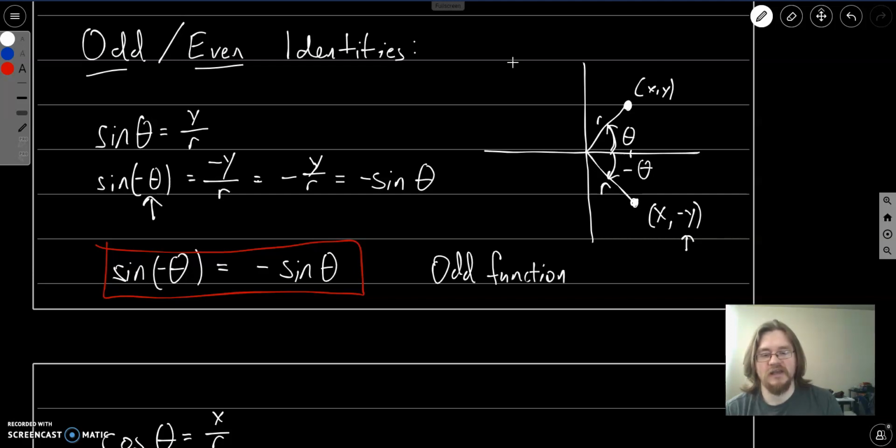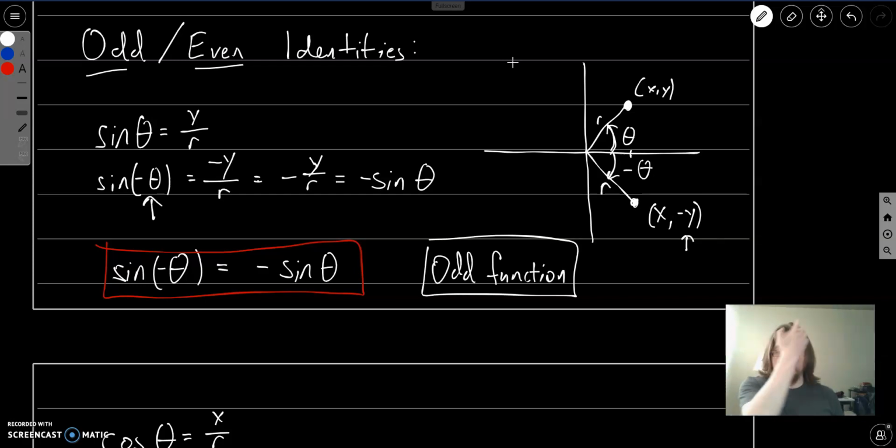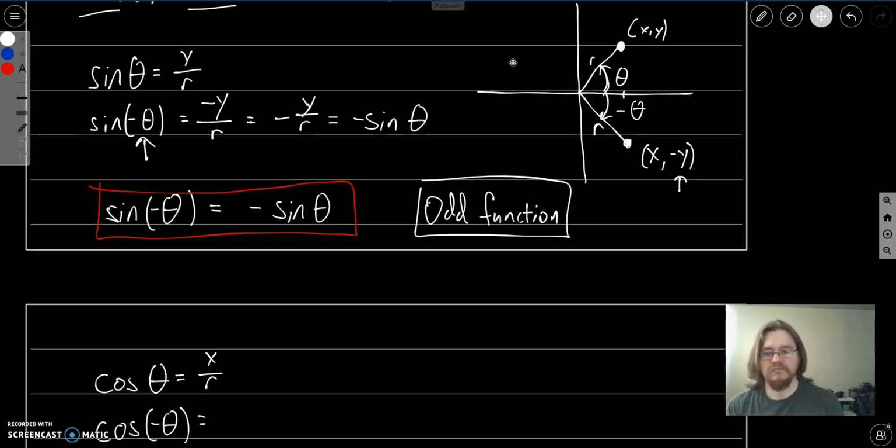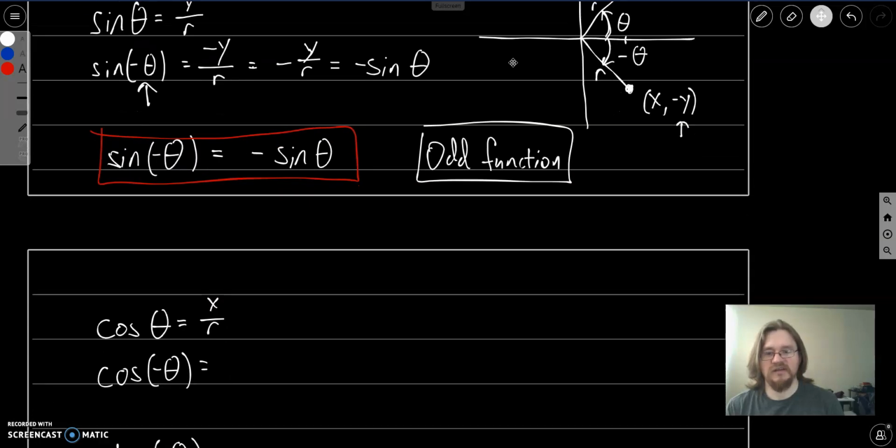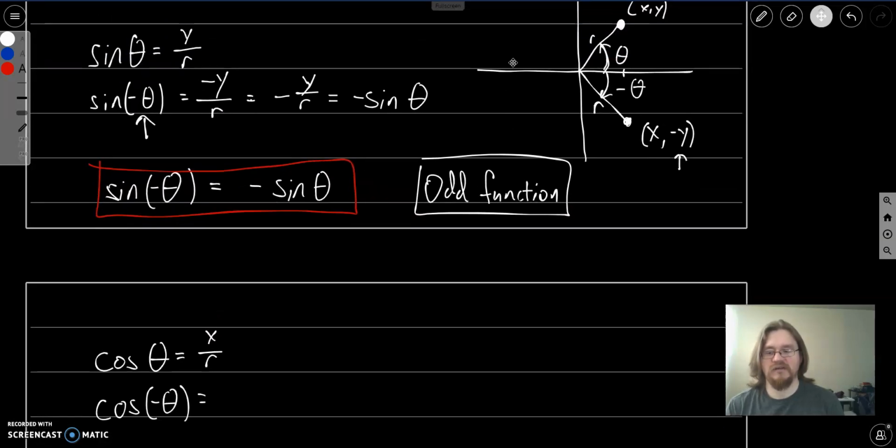If you have taken algebra, you will have seen odd and even functions before. They have special properties, and I'm not necessarily going to go into that. What's important is that a negative sign in a sine function pops out, so the sign does not disappear. However, if we look at cosine, what's going to happen? Well, the cosine is going to be the x coordinate divided by r.